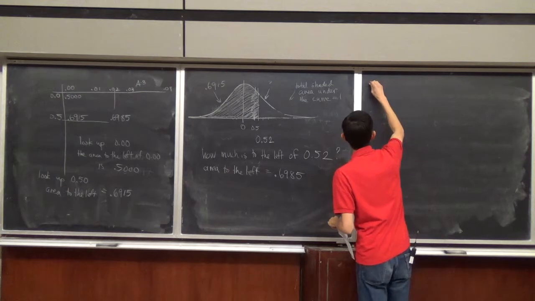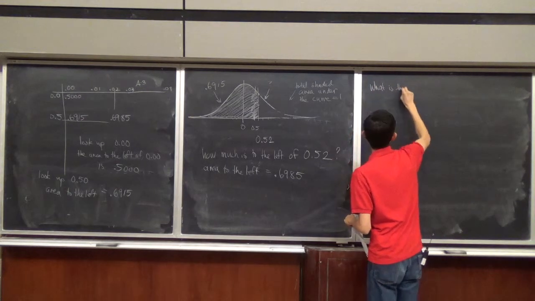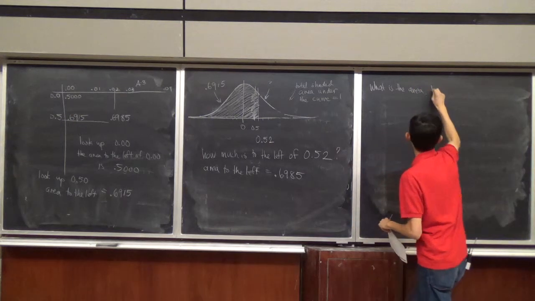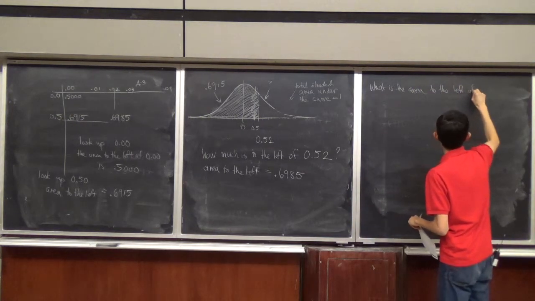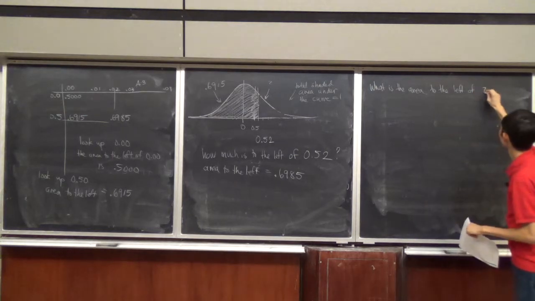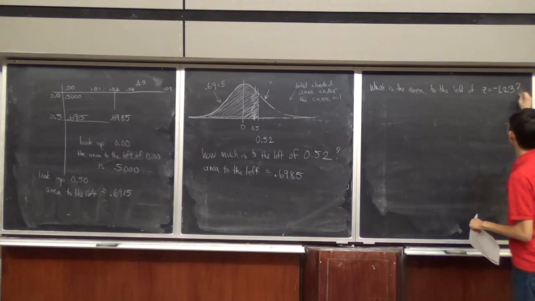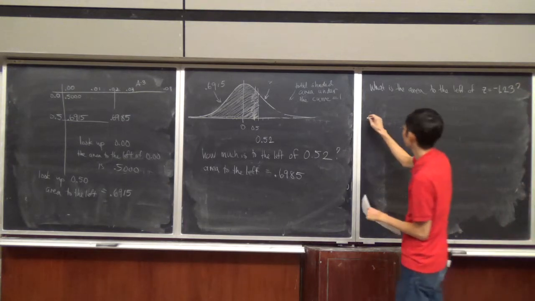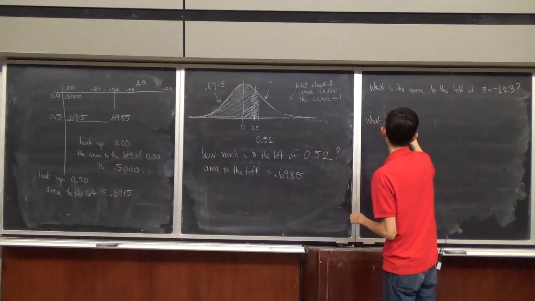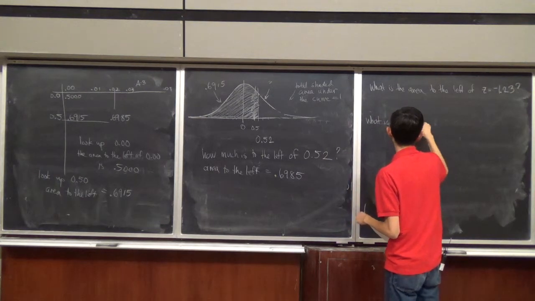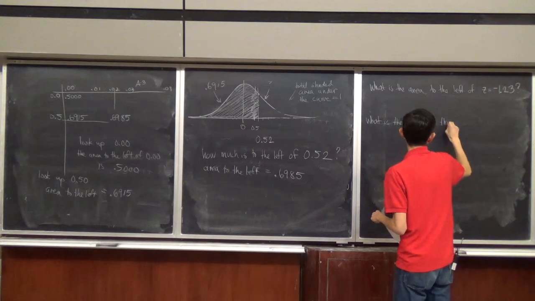So, what is the area to the left of z equals negative 1.23? What is the area to the left?